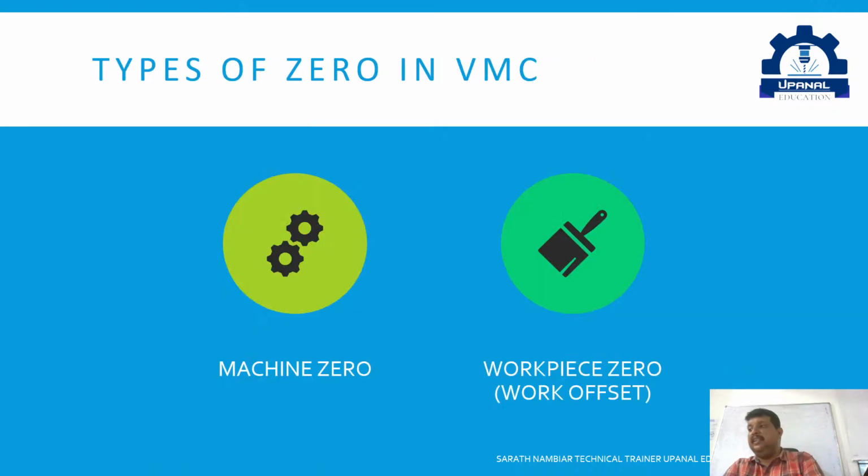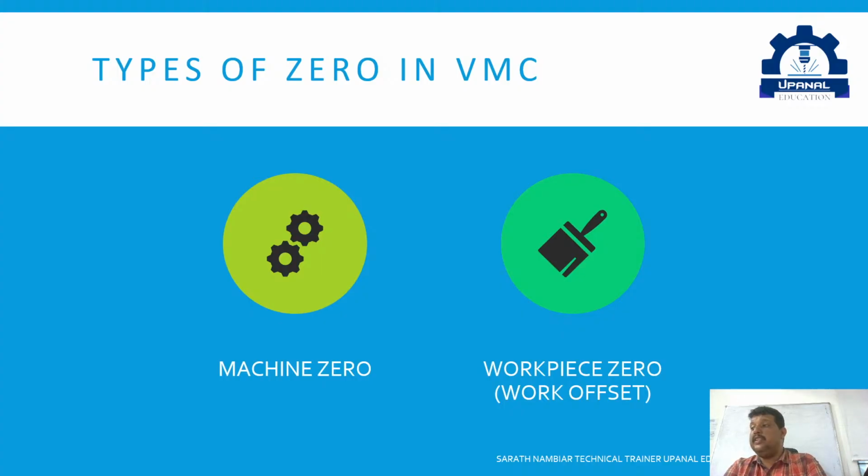Now, in the VMC, there are mainly two types of zero. One is the machine zero, and the second is the workpiece zero, also known as the work offset. Machine zero will always be fixed, and workpiece zero will change as per the work.